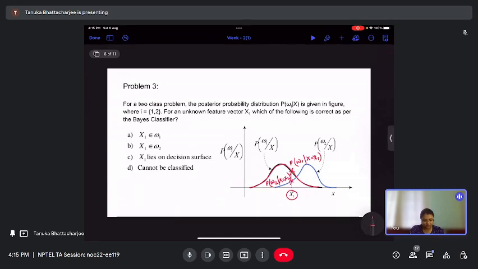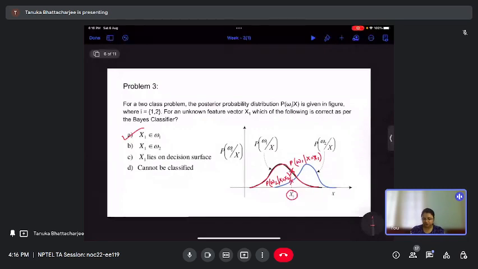As you can see from the figure, the posterior probability of class omega 1 is higher than class omega 2 given the feature vector x1. So the Bayes classifier will classify the feature in the class omega 1. So x1 belongs to omega 1 as per Bayes classifier, because the posterior probability of class omega 1 given x1 is higher than the posterior probability of omega 2.